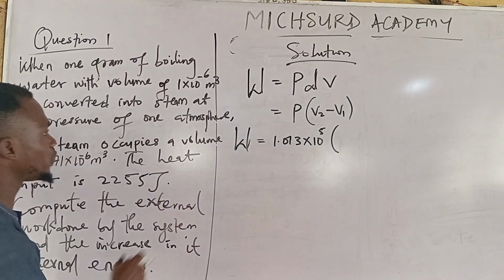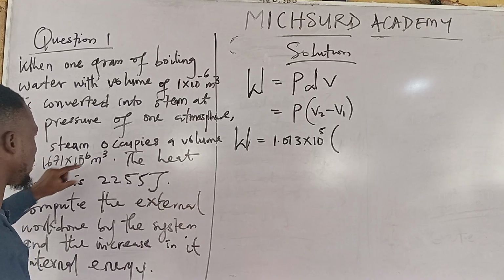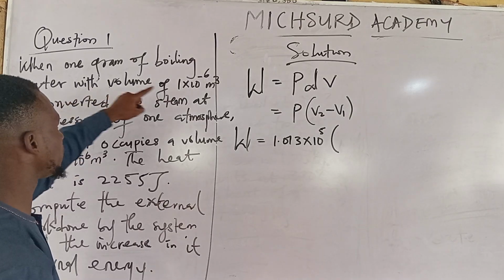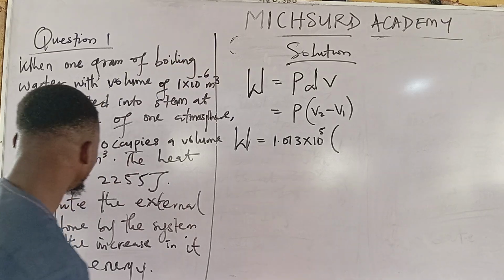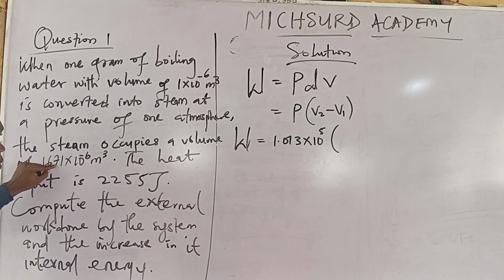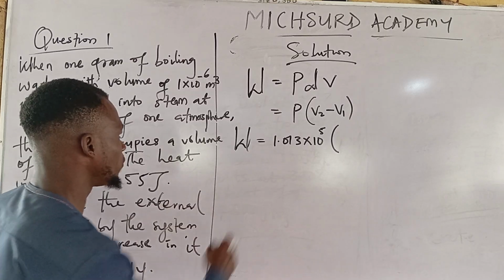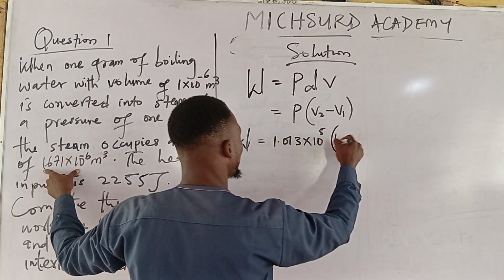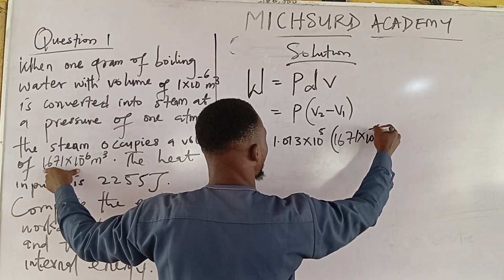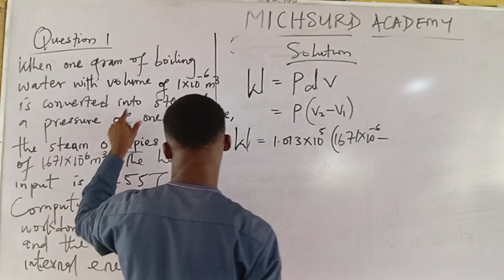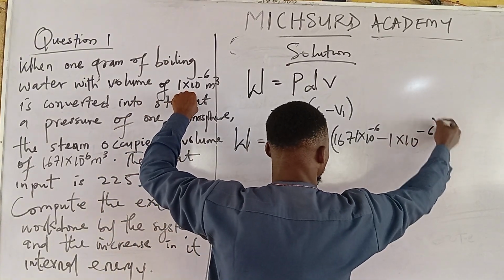So now if we substitute for the volume, we have two volumes. The first volume is 1 times 10 raised to the power minus 6 meter cube, and the second volume, our V2, is 1671 times 10 raised to the power minus 6 meter cube. So V2 is 1671 times 10 raised to the power minus 6 minus the first volume, which is 1 times 10 raised to the power minus 6.